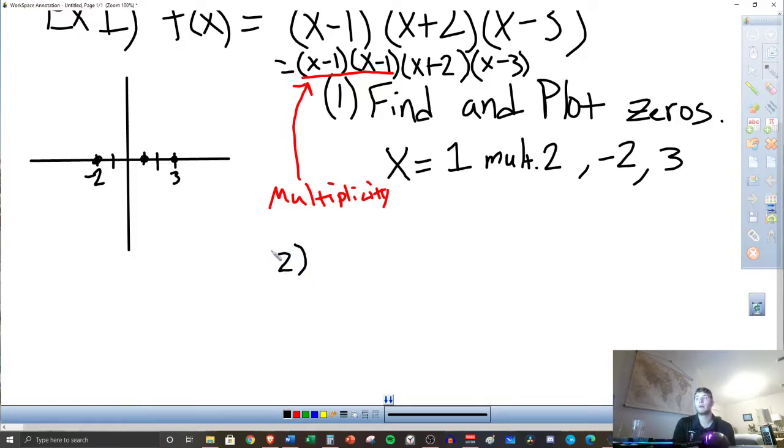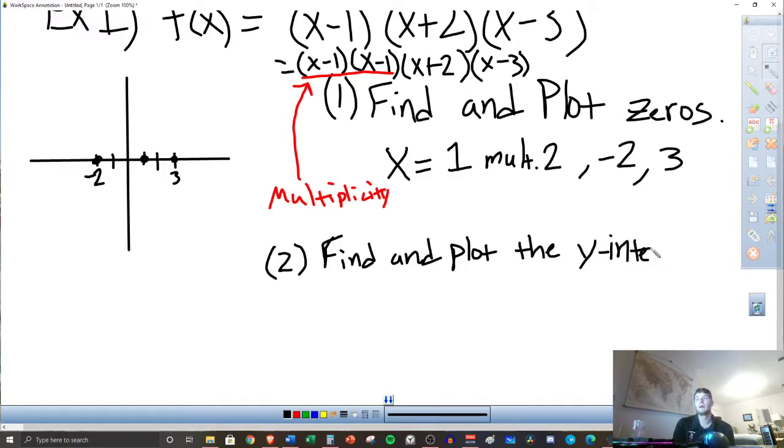The second part that we want is the Y-intercept. So we want to find and plot the Y-intercept. Okay, so I'm going to ask an open response question in here because I want you guys thinking through this.